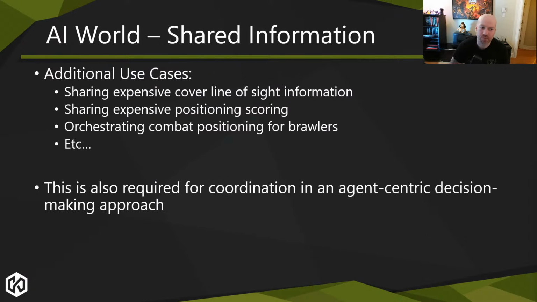Additional examples would be, for example, covers. When you use cover in a game, generally picking a cover also involves doing a line of sight check, which can be relatively expensive if you have a very cover-rich environment. So if you have hundreds of covers within a small area, it can be really expensive to figure out, hey, find me a cover that gives me protection and I have line of sight to the enemy.